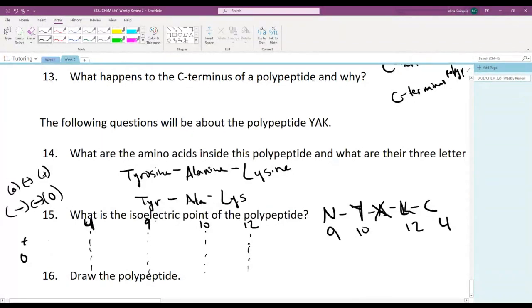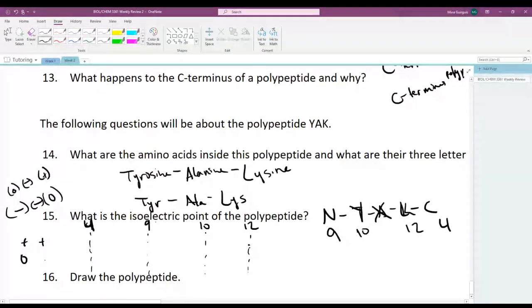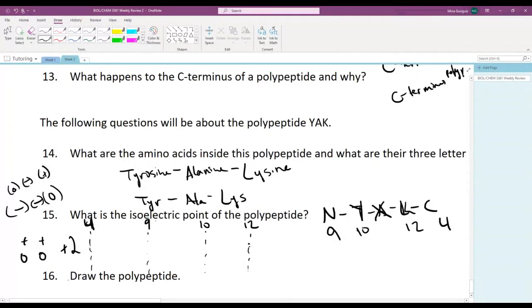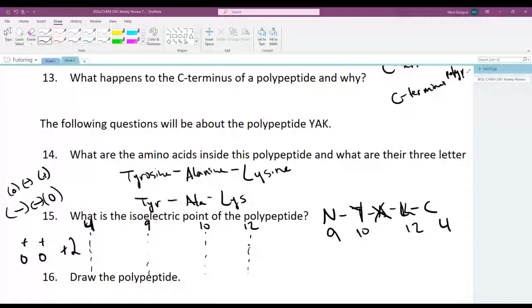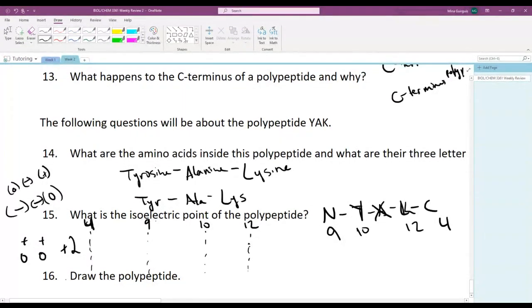Lysine is going to be protonated since we're below, and it's also going to be positive, okay? And finally, C-terminus, protonated, neutral, okay? So in other words, my charge below a pH of 4 is +2. Does anyone have any questions about that? Okay, I'm going to assume you don't, but if you do, feel free to type them, okay?